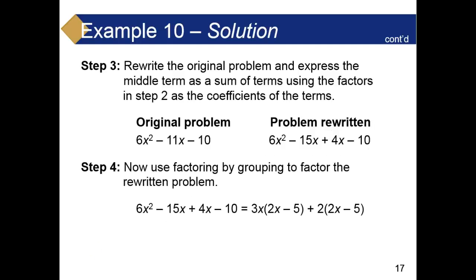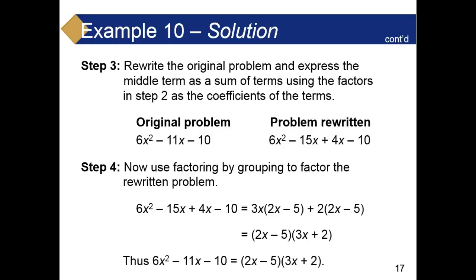Next thing to do now, use the factoring by grouping. They didn't put the parentheses. I like to do that, group and group. In fact, we did the same thing and got the same answer they did. 2x minus 5 times 3x plus 2. Do it the other way, you get 3x plus 2 times 2x minus 5. Same answer. Right?